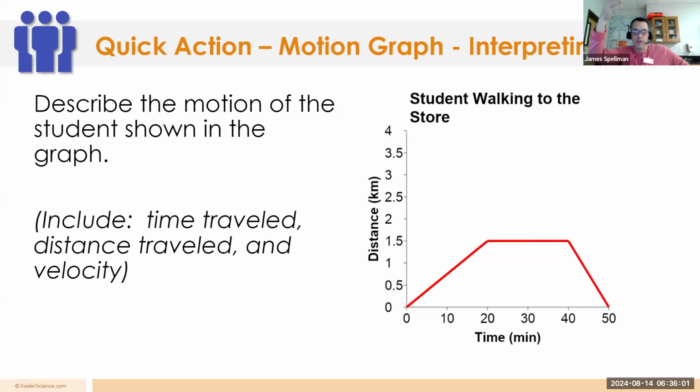So I would do 1.5 divided by 20, and that would give me my velocity. The second segment is 0 divided by 20. So that would be 0 because we're not moving. And then this last one, again, distance is -1.5, and I would divide that by the time, which is 10. So my speed here, or my velocity here, would be -1.5 divided by 10.